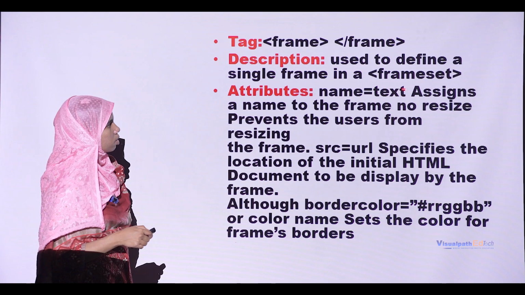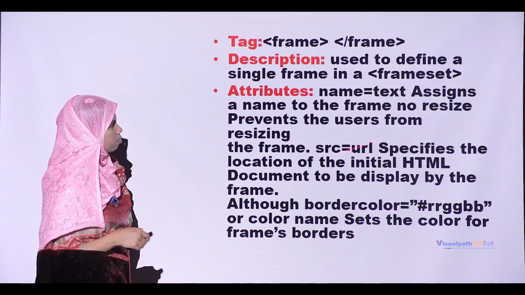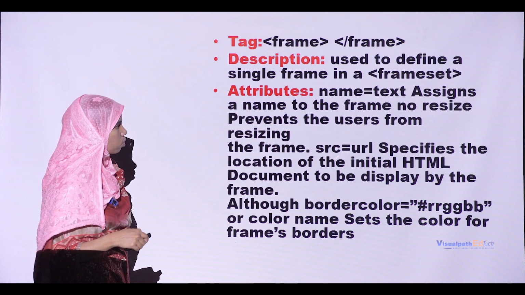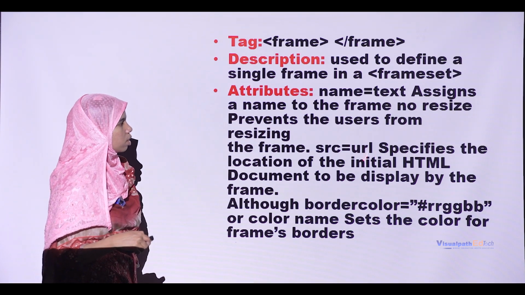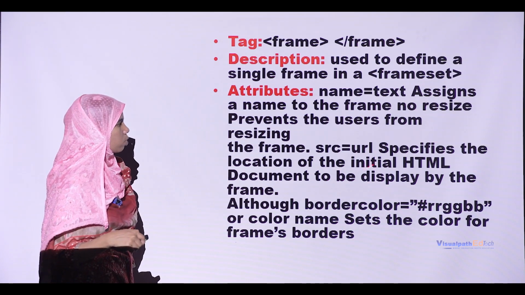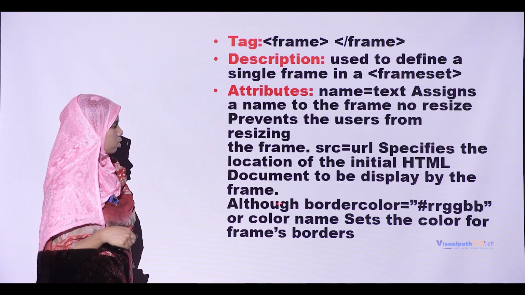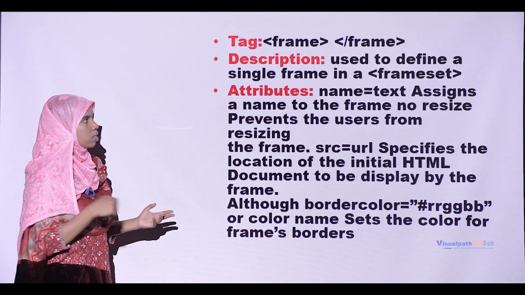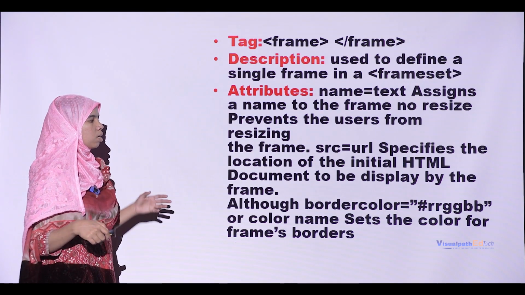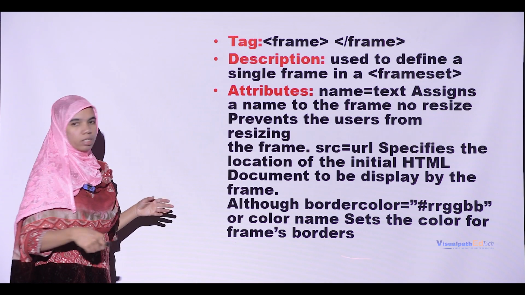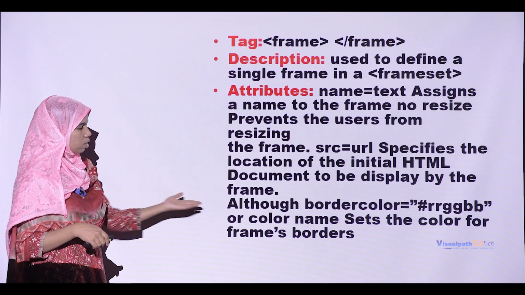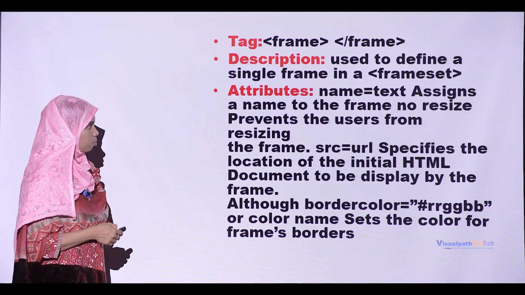The name is given as text here, which assigns the name of the frame, and resizing: how much space should be adjusted for the rows and the columns, followed by the source URL, which specifies the location and the initial HTML document for it, and coloring and so on. Suppose you're partitioning the header part and the footer part, you can give colors to the borders to indicate them separately. So you can even give the border color over there, and that will also be specified inside the frames only.